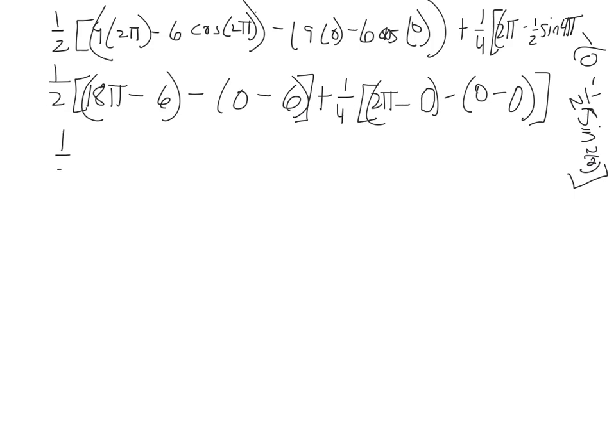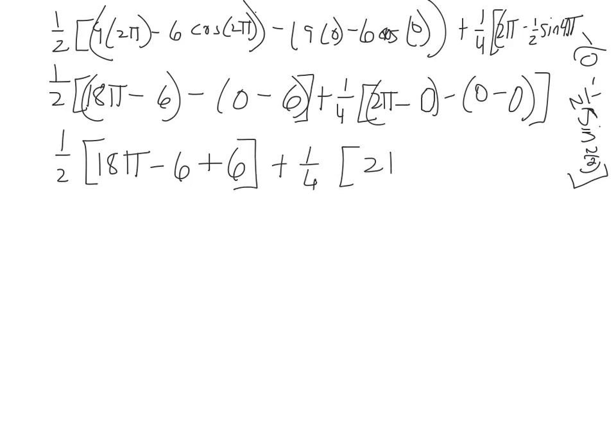So I have 1/2 times 18 pi minus 6. Then I have minus negative 6, so that's going to be plus 6. Plus 1/4 times 2 pi minus nothing.